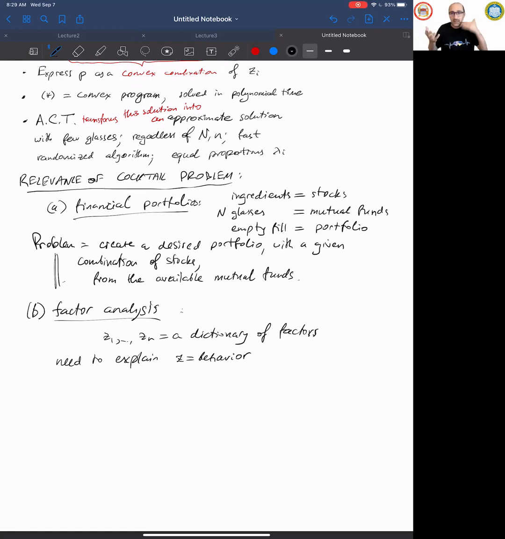That is based on maybe 3 or 4 factors given together. So z is, let's say, a customer behavior, and these are the factors: the education, the income, and so on. And so the explanation takes this form: sum of lambda i zi.